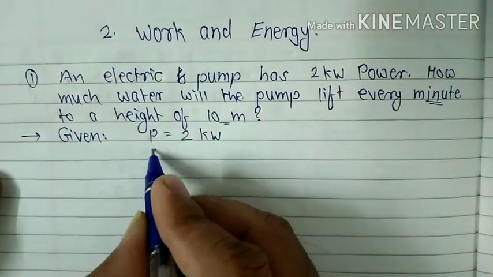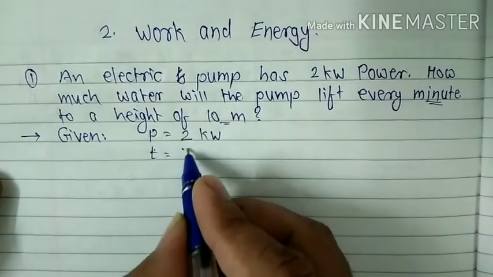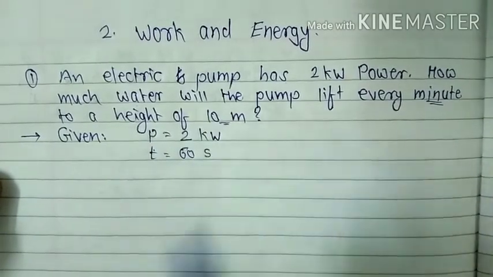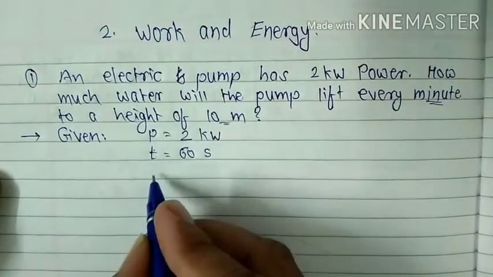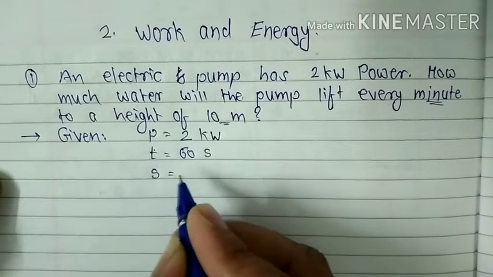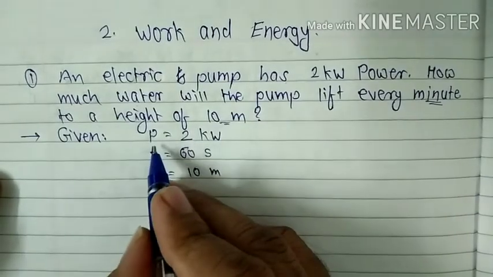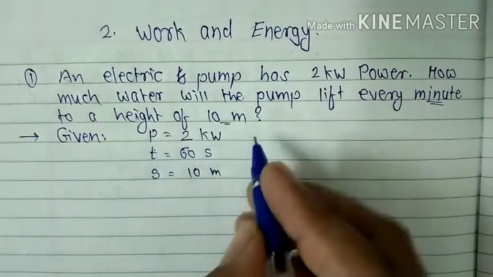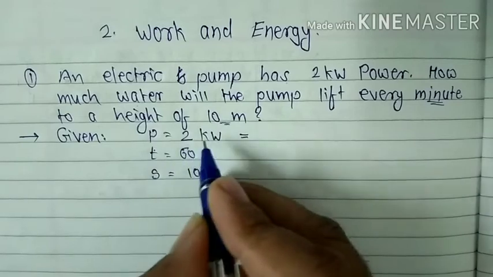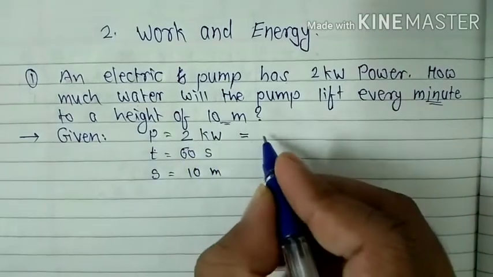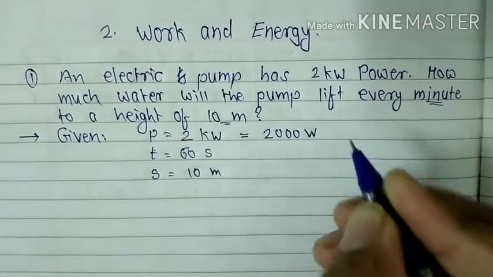So time t is equal to every minute, that means 60 seconds, and height of 10 meter, that is displacement is equal to 10 meter. We are using the unit of power as watt, so power is equal to 2 kilowatt is given, we can convert it to 2000 watt.